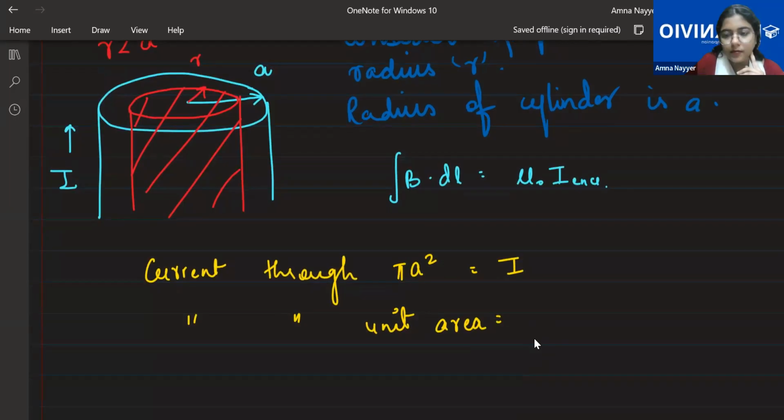Ma'am, which unit area? If pi a square has current I, so unit area means 1 unit area. Ma'am, I didn't get. Is there any other method? You answer this, Rani. First, what I'm asking.